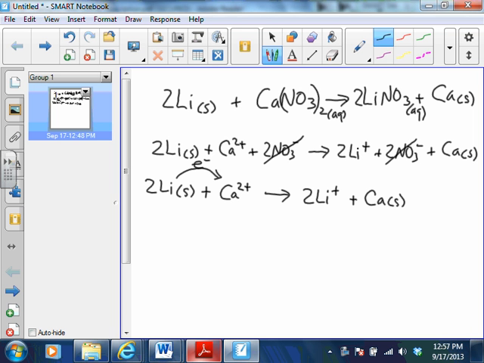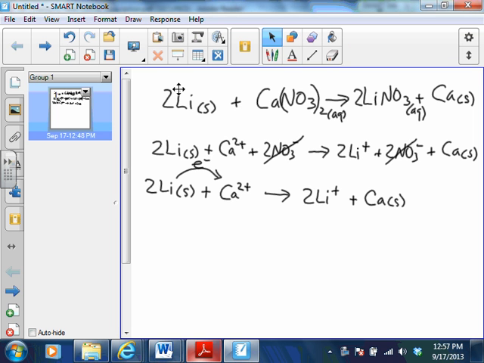Then the calcium becomes neutral. It really is more of a mugging than a cheater's sort of thing, right? Because the nitrate's just there watching all this go down. The nitrate could be a good Samaritan and try to stop this, but no, it just sits there and lets it happen, right? So that's really what's going on here. Does that make sense? This is a redox reaction because there's a transfer of electrons happening, and that's what we call redox, oxidation reduction, okay?